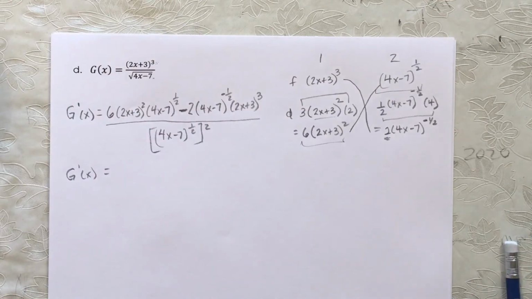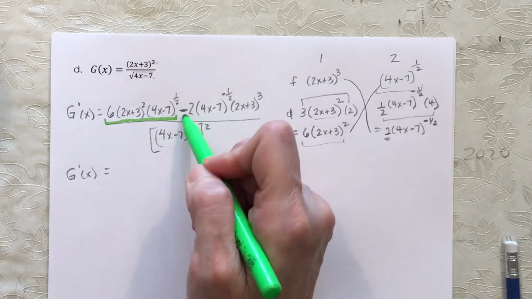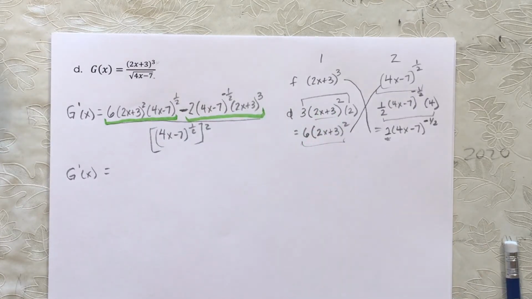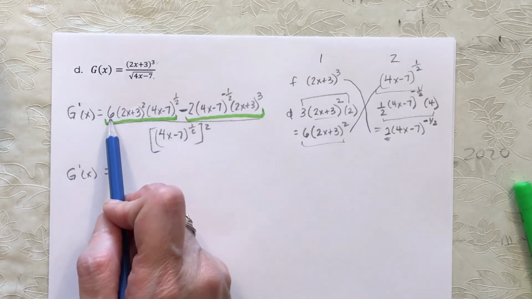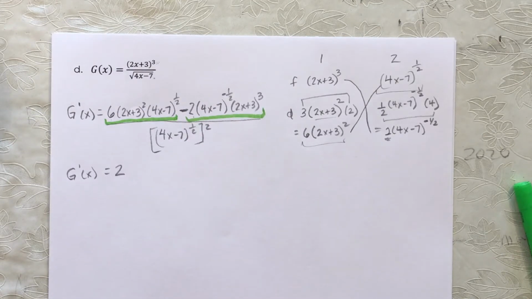Okay, so in the numerator, we're looking at two big chunks here, this chunk and this chunk. And we were looking for the greatest common factor in the numerator. So I'm going to compare the monomials first, 6 and negative 2, so 2 is in common.